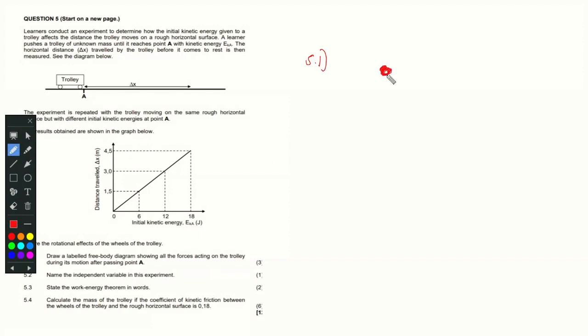Assuming that the trolley is moving in that direction, this would be the normal force, the gravitational force, and that side would be the frictional force. So we have normal force, gravitational force, and kinetic frictional force, right? So for 3 marks, that's the forces that we should indicate there. 1, 2, 3.